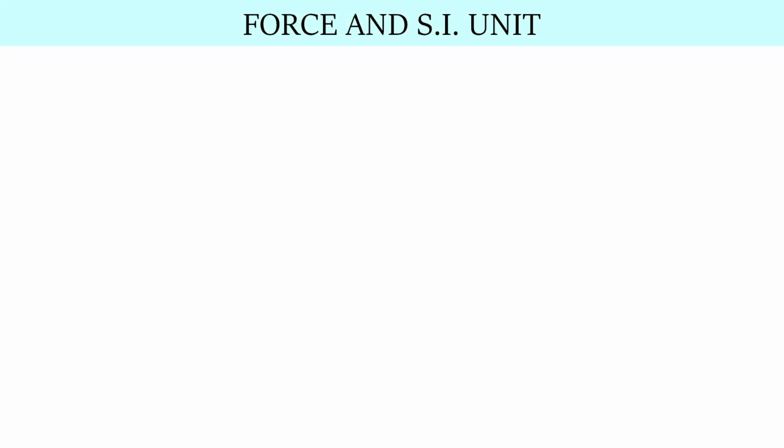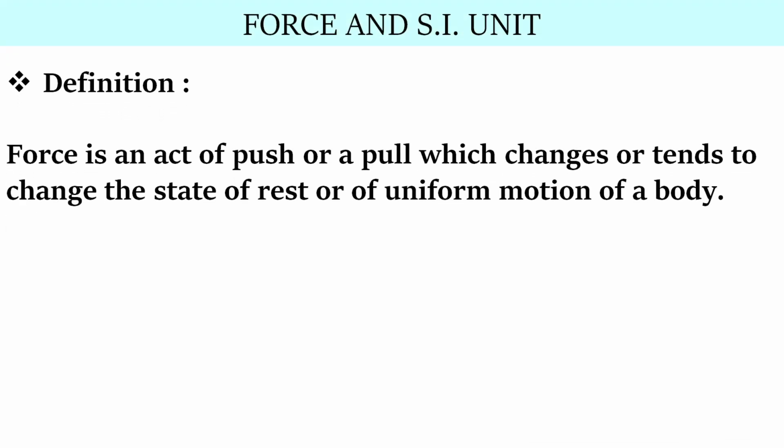Force and SI unit. The definition of force goes like this: it is an act of push or pull which changes or tends to change the state of rest or of uniform motion of a body. Suppose an object is at rest, and if you push it, that means you are applying force. The object will change from state of rest into state of motion, and the direction of motion will be in the direction of the force applied.